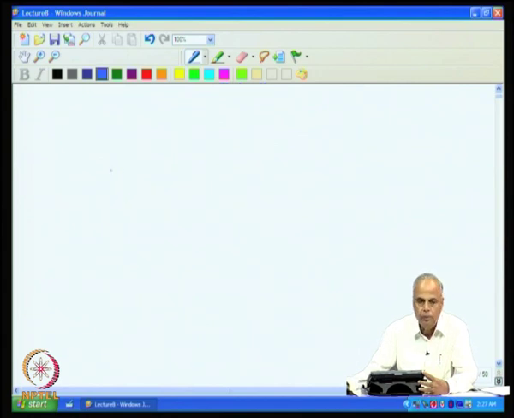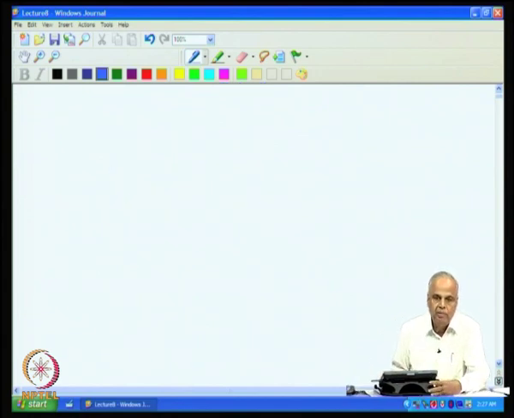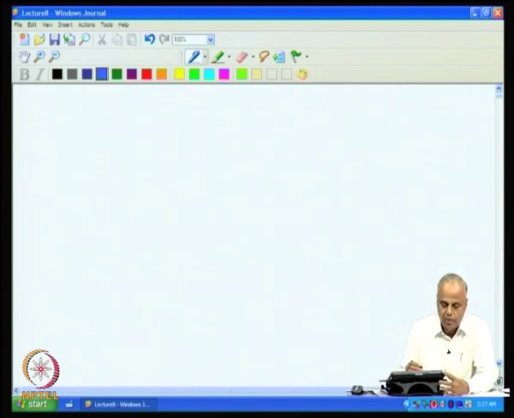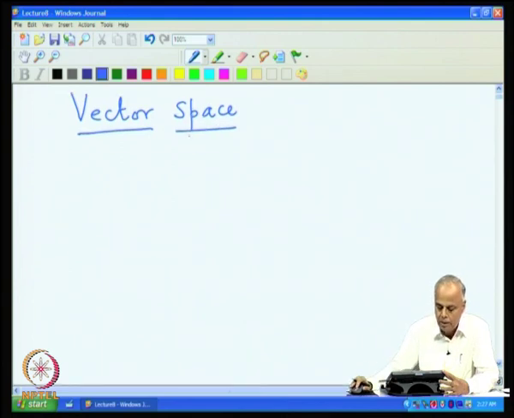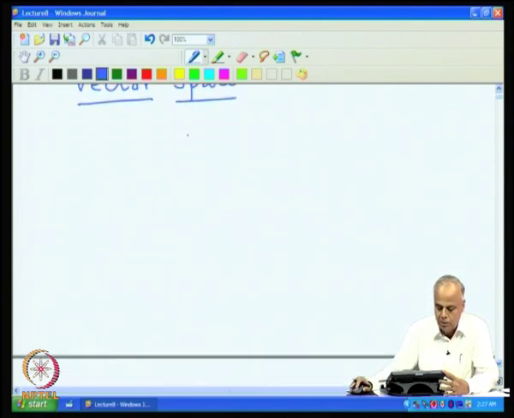In order to attend to such questions, we want to develop a certain mathematical framework. The main mathematical framework in which we shall work is what is known as a vector space. In this lecture, we should look at what exactly a vector space means.